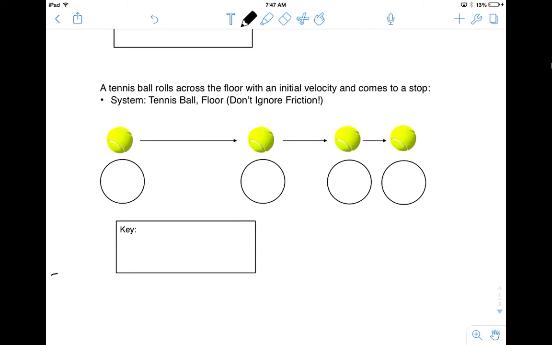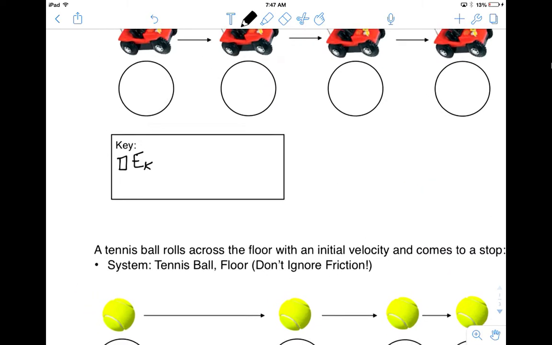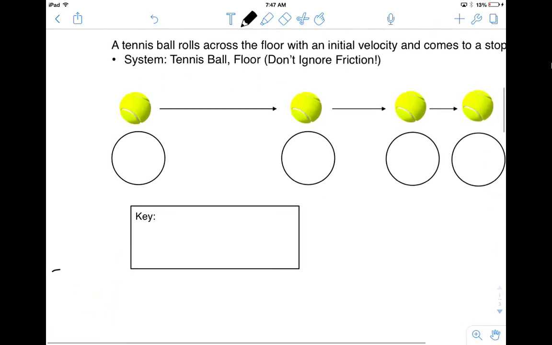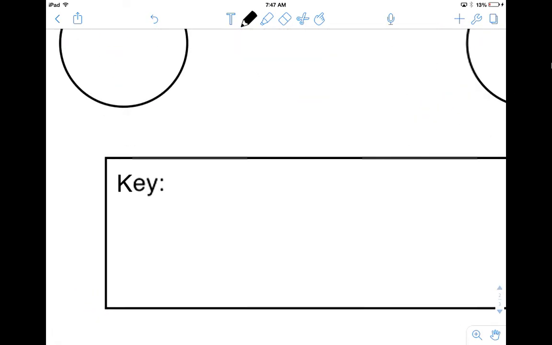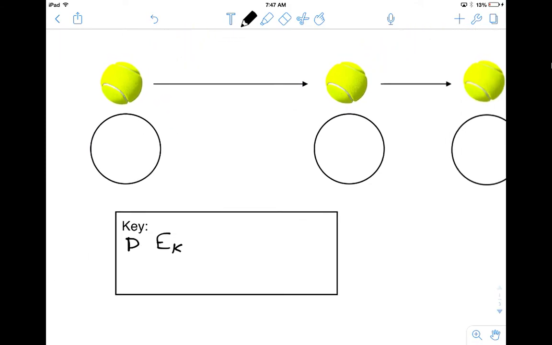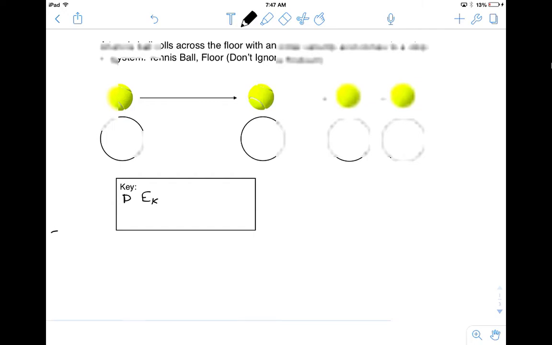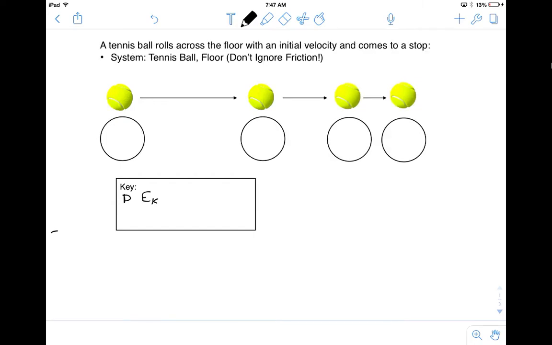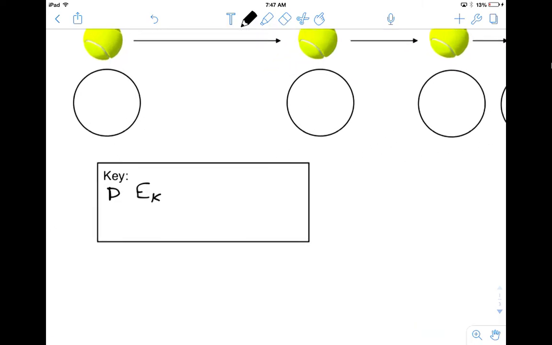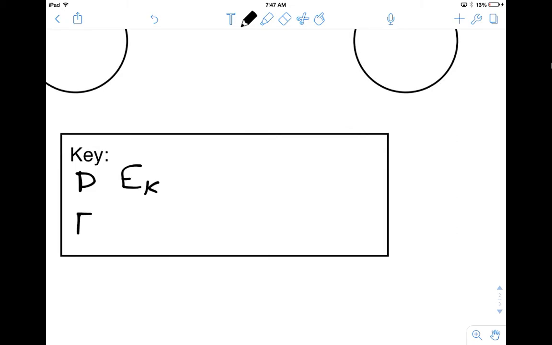So it's going to start off just like the car, with kinetic energy. I'll leave my key and say when it's blank, it is all kinetic energy. Now as it slows down, the friction is going to turn that kinetic energy into, we'll say shaded area is ET, or thermal energy.